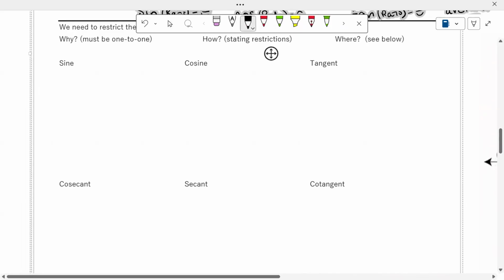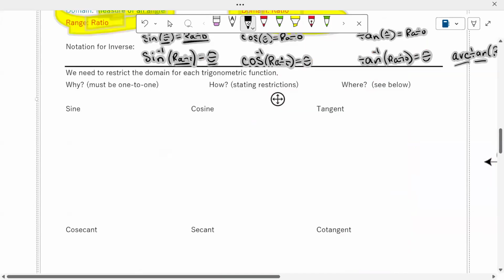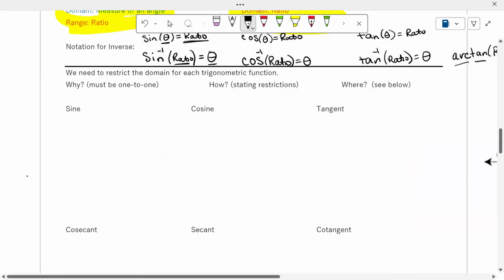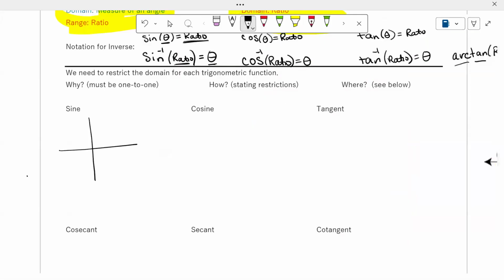But when it comes to the sine values, we just established that we are allowed to go from -pi over 2 to +pi over 2 for angles.